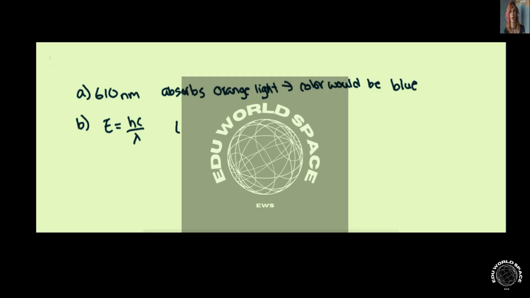And so we can calculate energy by putting in these values: 6.626 times 10 to the minus 34, and that is joule second, in parentheses, times the speed of light, which is 3.00 times 10 to the 8th, and that's meters per second.